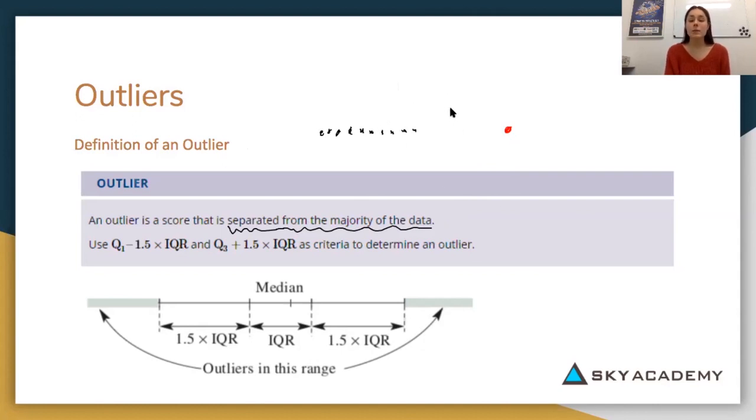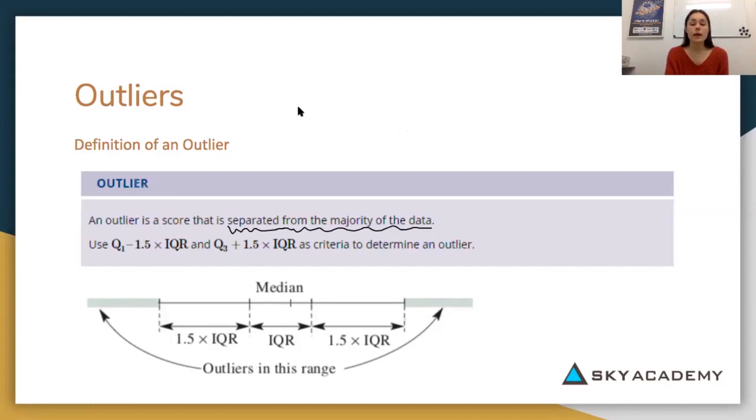And say we had a point of data here, the yellow one, which is below the rest of the data set, it is considered an outlier below. So there's two types of outliers, the red one, which is above the rest of the data set, or the yellow, which is below the rest of the data set.